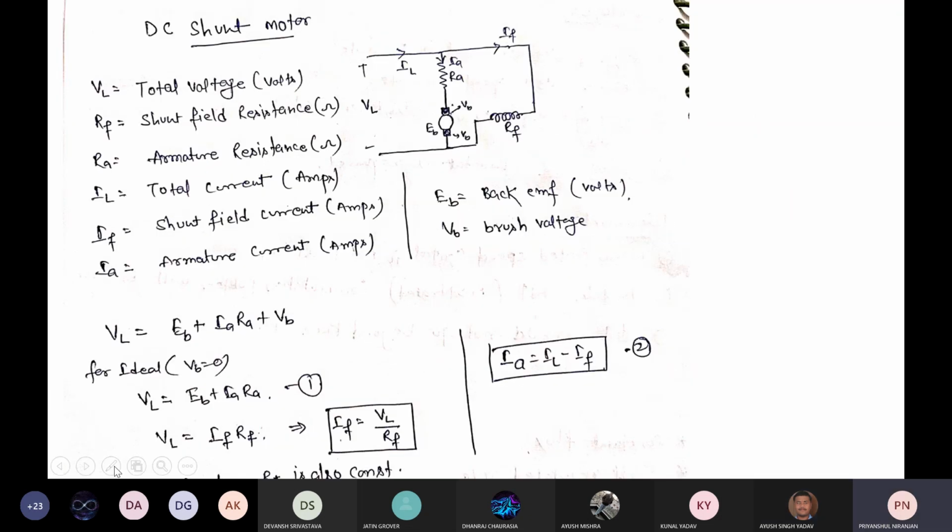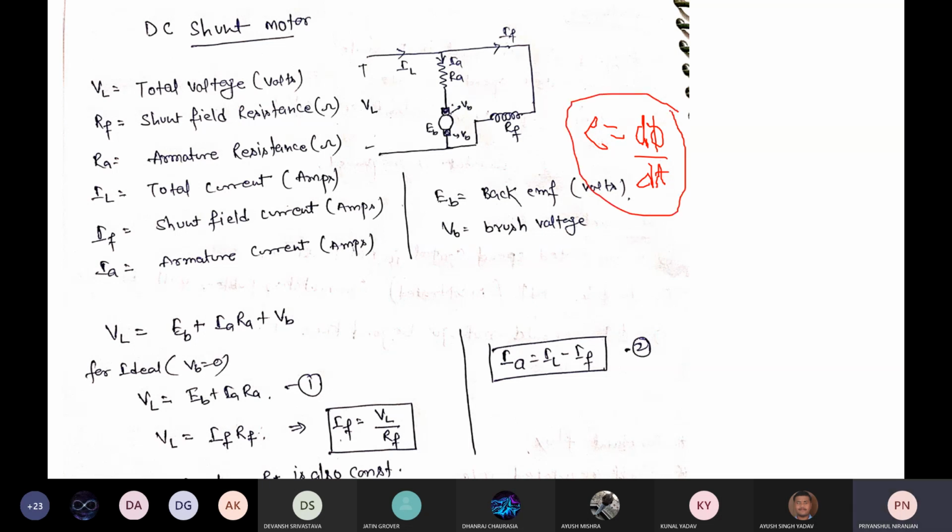When any moving part comes into the picture, EMF will be induced as it cuts the flux, and e equals d phi by dt. The rate of change of flux will produce the induced EMF.